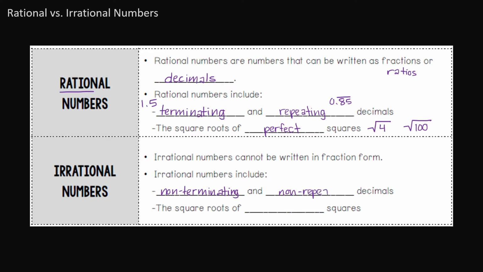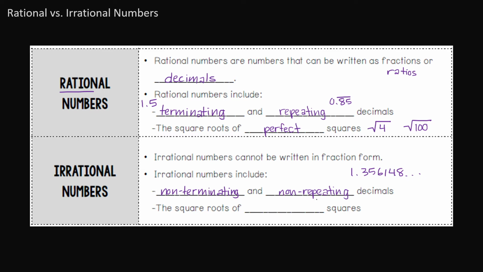So decimals that go on forever and ever and ever and don't ever repeat. So for example, 1.356148, I don't know. And let's say that pattern is not repeating. We're just carrying that on forever, infinitely many digits. That is an irrational number.